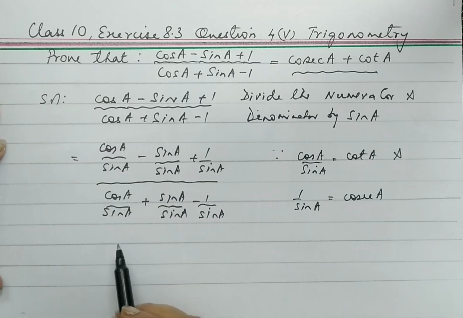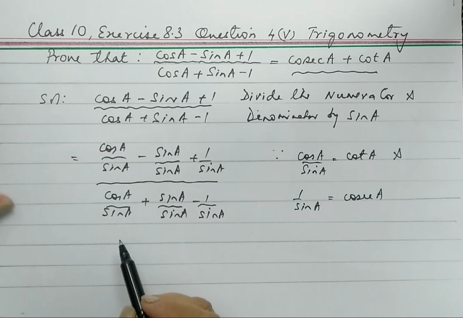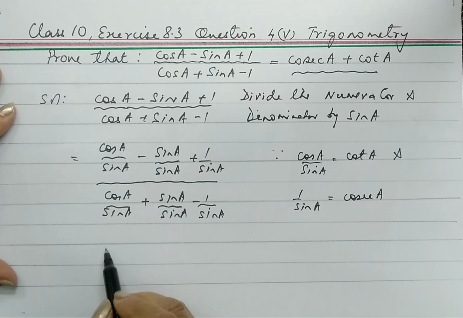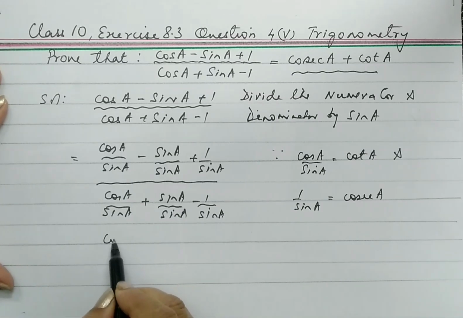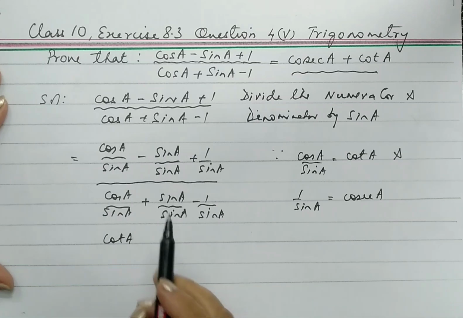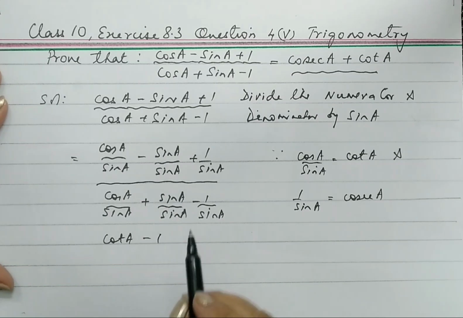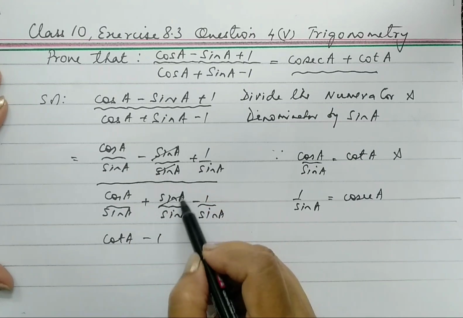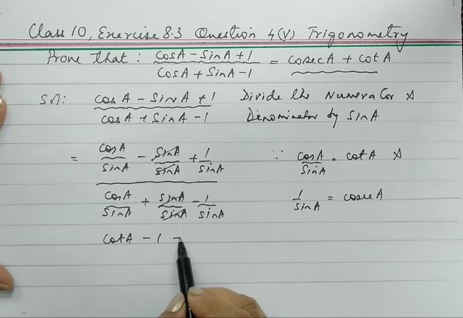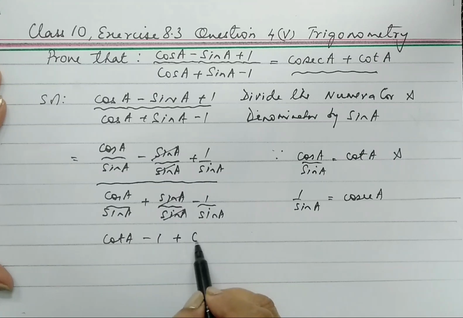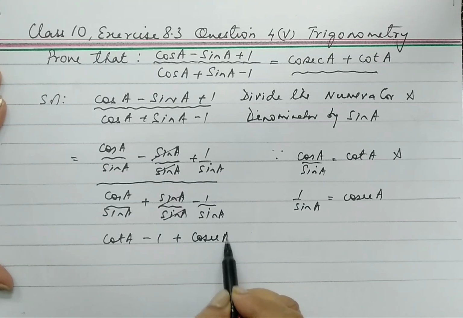So cos upon sin can be written as cot A. For this, cot A, we have a minus 1. And for this, we have cosec A.